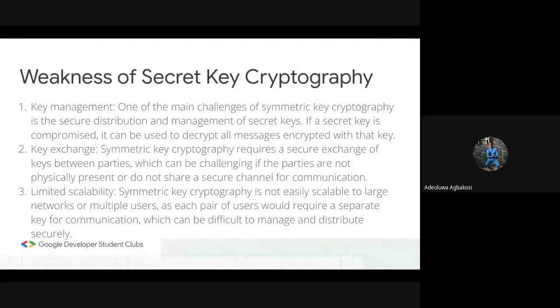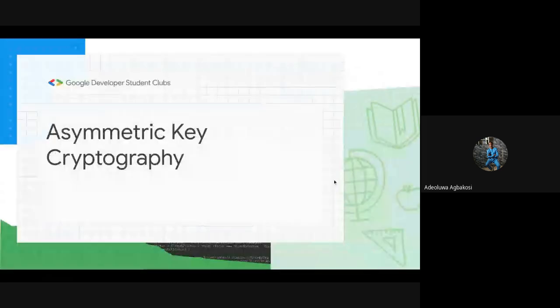The more GDS leads I have, the more difficult it is to manage communication with all of them. So managing communication between large parties is very difficult when you're using secret key cryptography. Now, let's look at asymmetric cryptography.